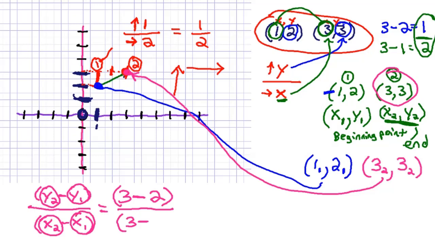The first x was a 1. So 3 minus 2 equals 1, and 3 minus 1 equals 2. And that's going to be your fraction telling you the slope of the line, how steep the line is.